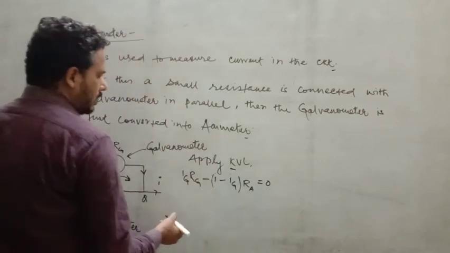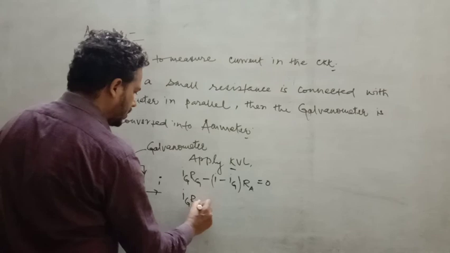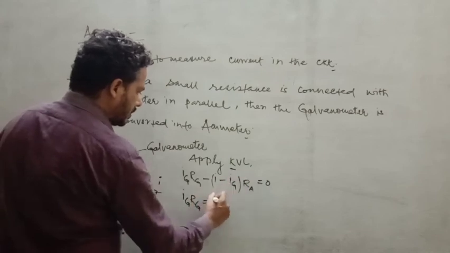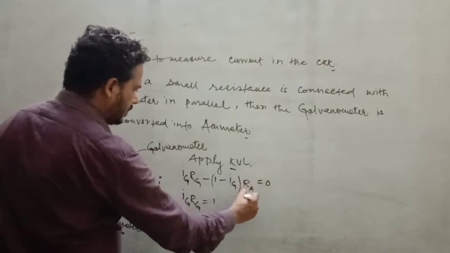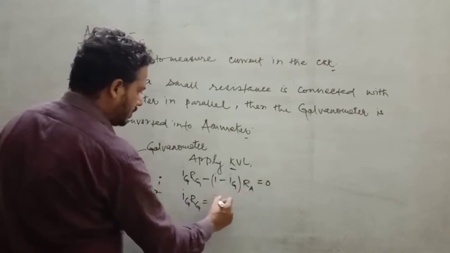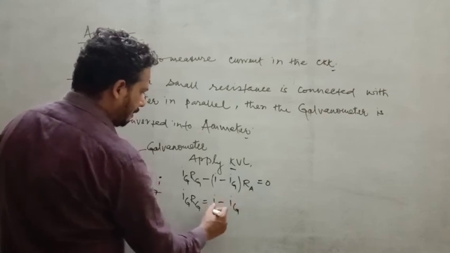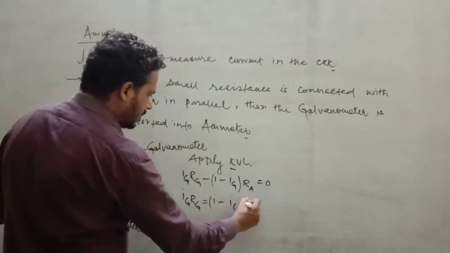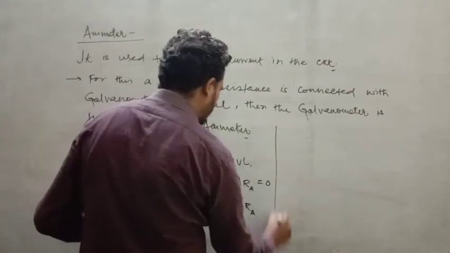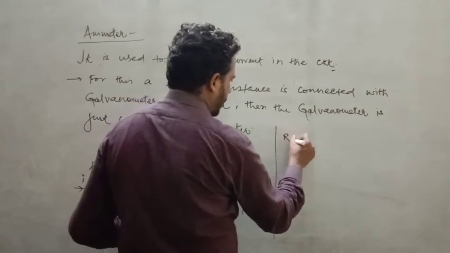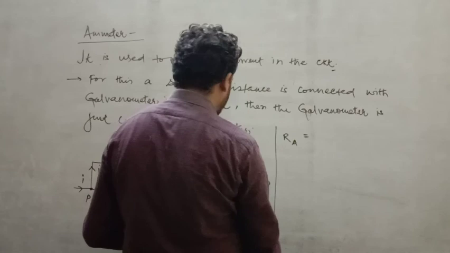So now IgRg is equal to (I minus Ig) Ra, because we have to calculate Ra, so we keep that. Then finally, Ra would be this one divided by this one.